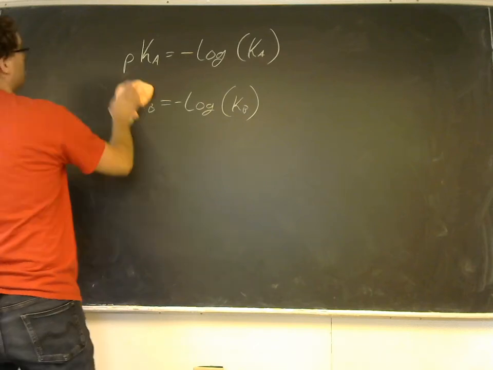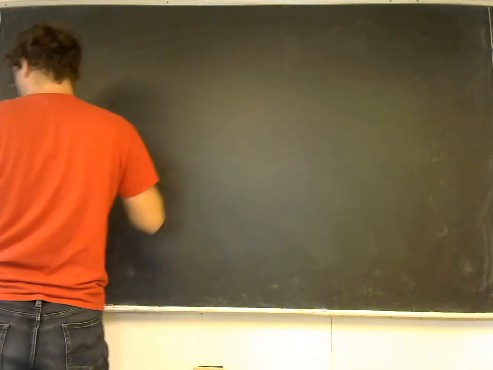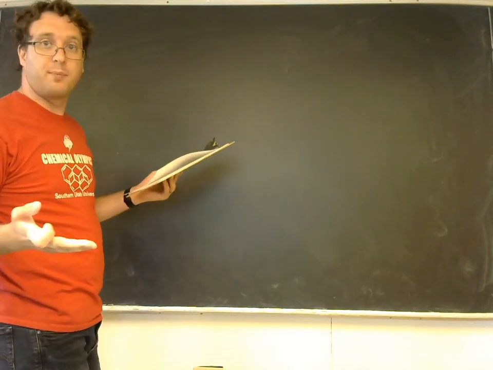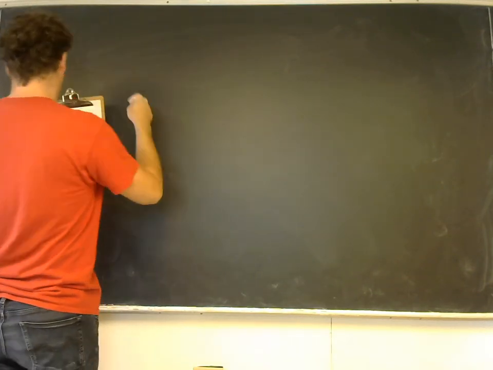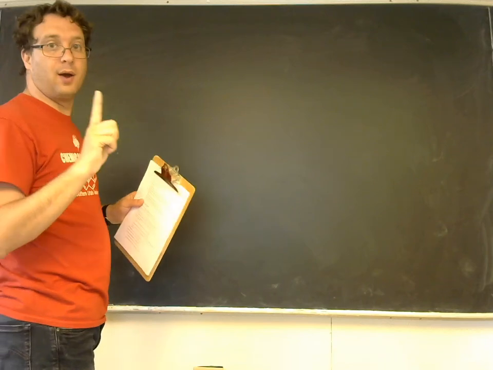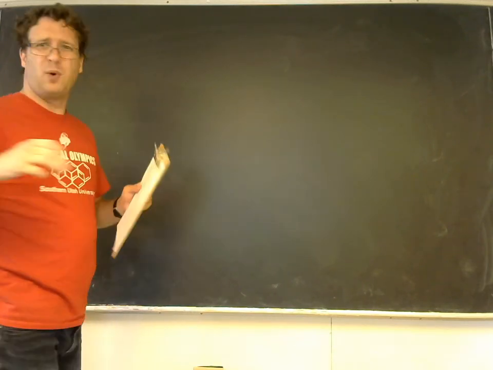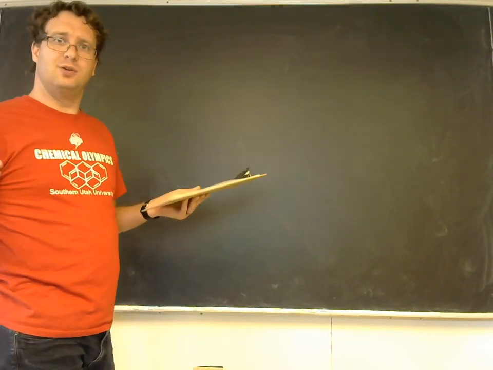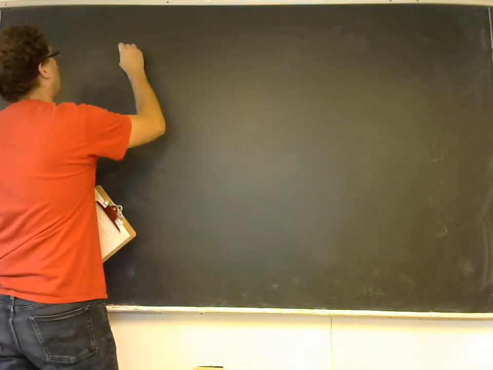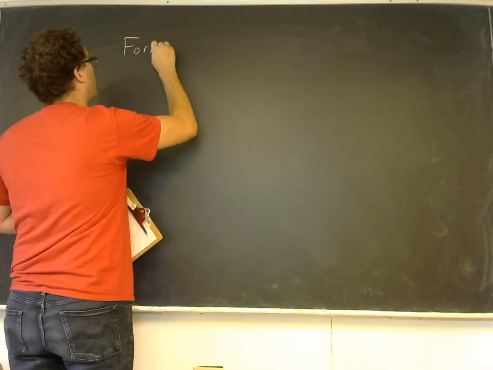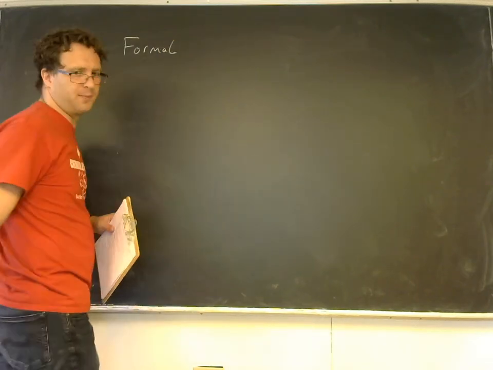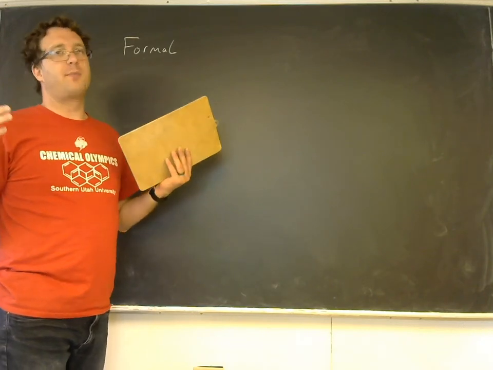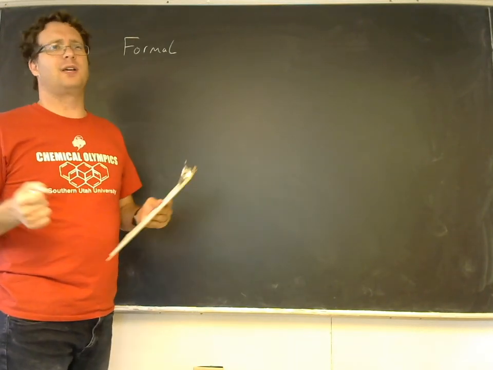So let's leave that, and let's just solve a couple of practice problems. One more thing to note. When we're talking about acids and bases, we will be using a new unit of concentration, and that is the formal concentration. The formal concentration is just the number of formula units per liter.